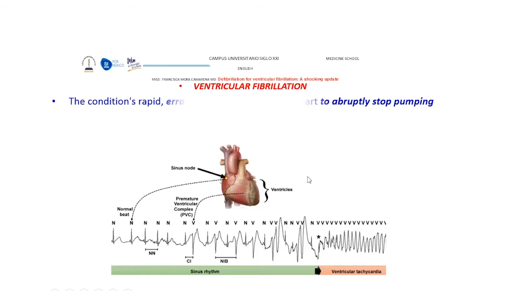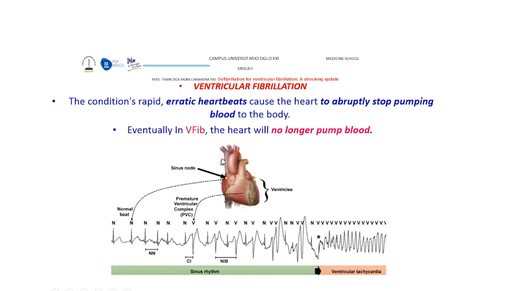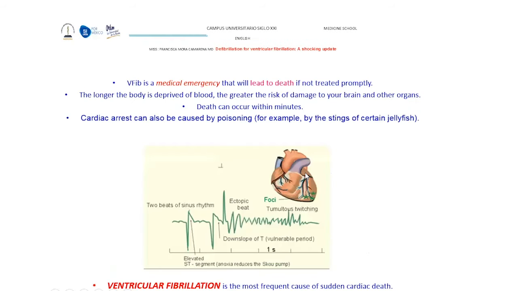For ventricular fibrillation, we just must remember that this is a condition where the heartbeat is erratic because the heart has abruptly stopped pumping blood to the body. Eventually, in ventricular fibrillation, the heart will stop pumping blood to the rest of the body.